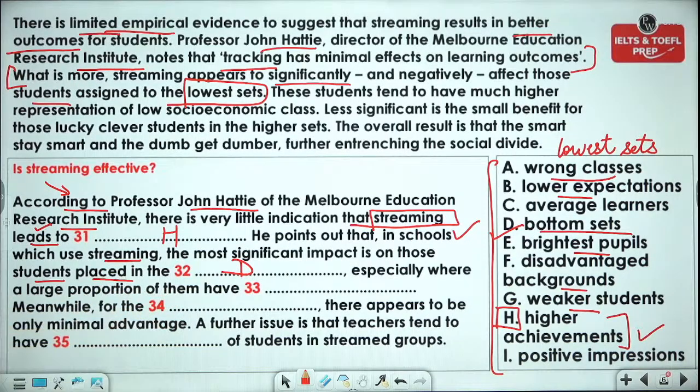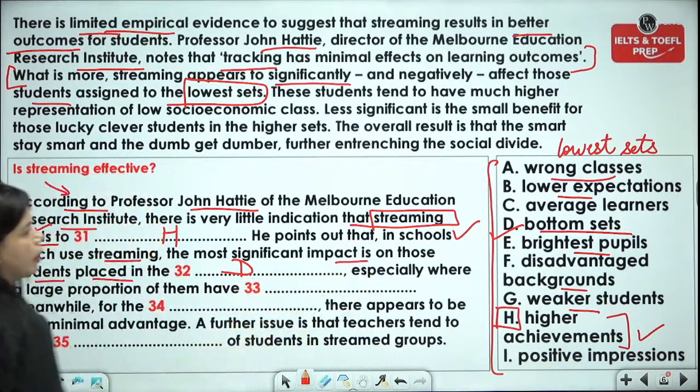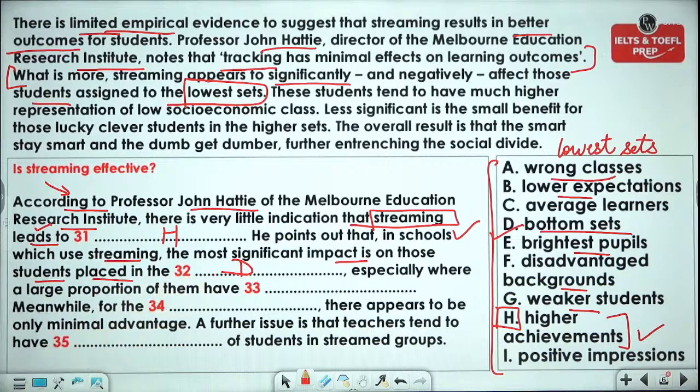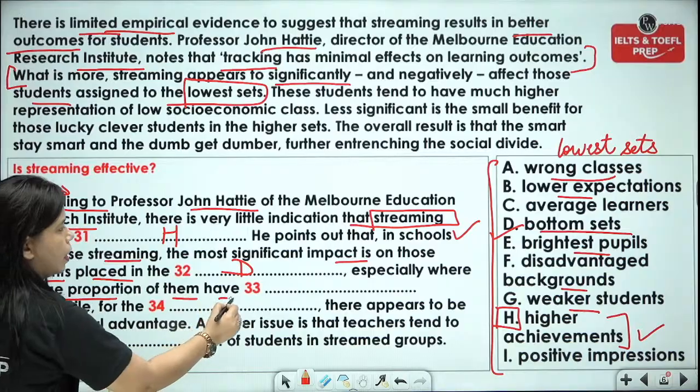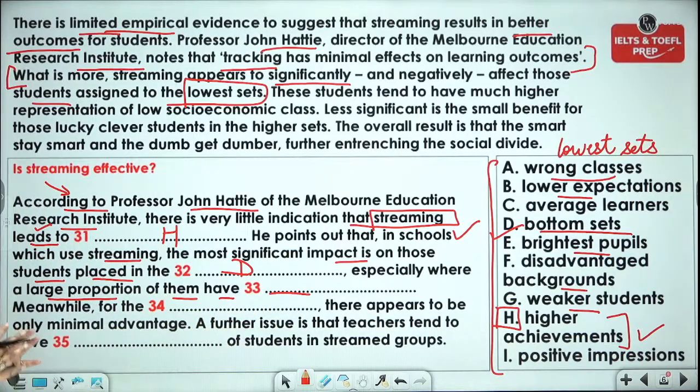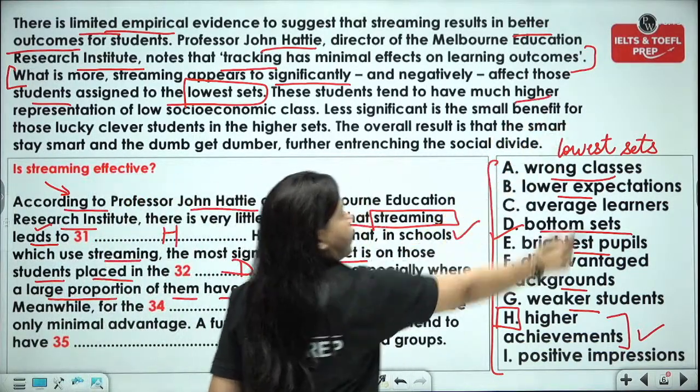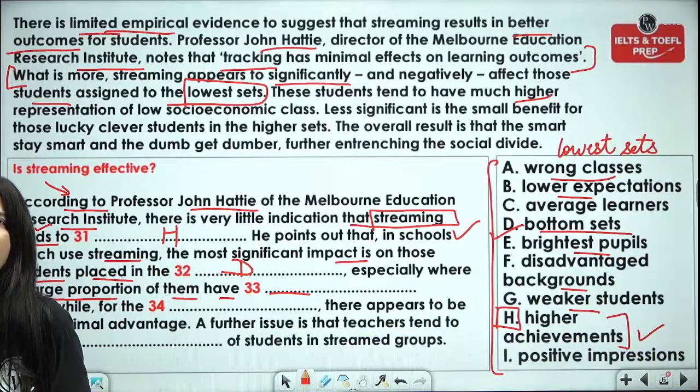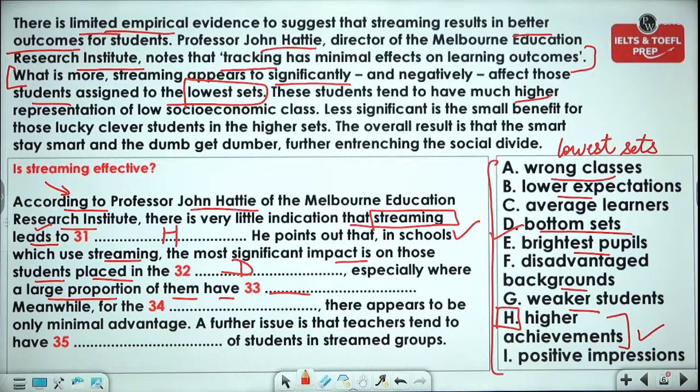So he says that the most significant impact of streaming is on those students placed in the bottom sets or lower sets, especially where a large proportion of them have dash. Especially where a large proportion of them have dash. Where do you think they are talking about it? Large proportion of something. Large is equal to higher. Now see, what can be the answer to number 33? Giving you a minute, post in the chat box.